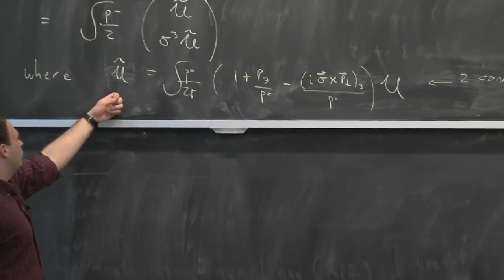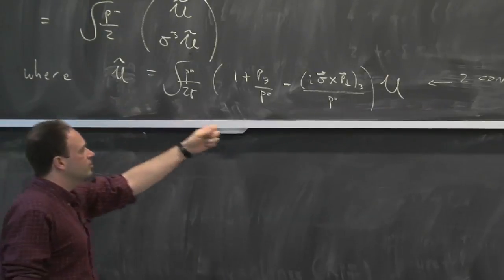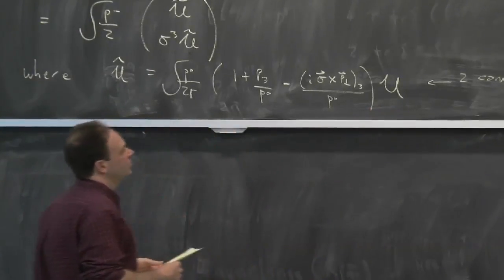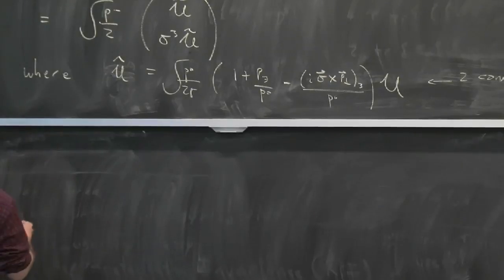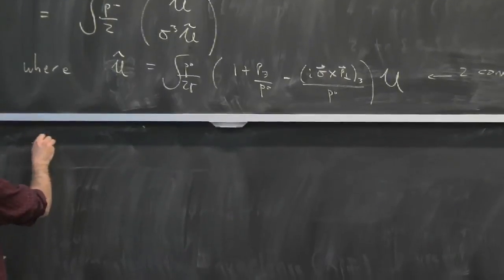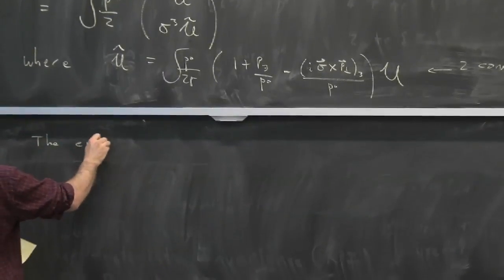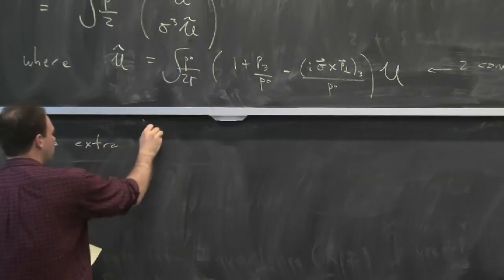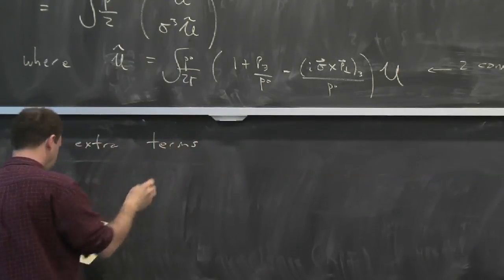So why should I want this U twiddle spinner rather than the U spinner? That actually has to do with this reparametrization invariance, so it'll become clear when we talk about that.